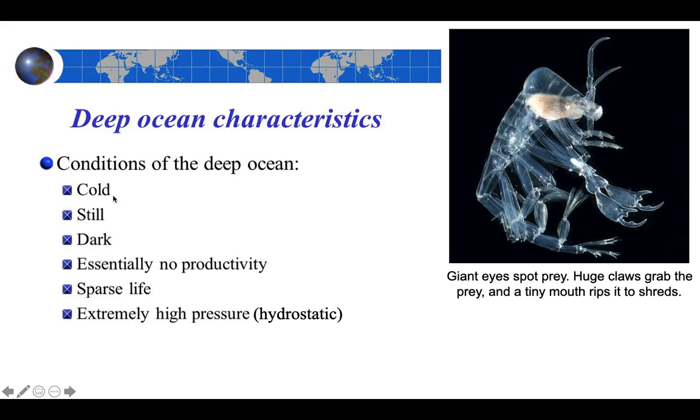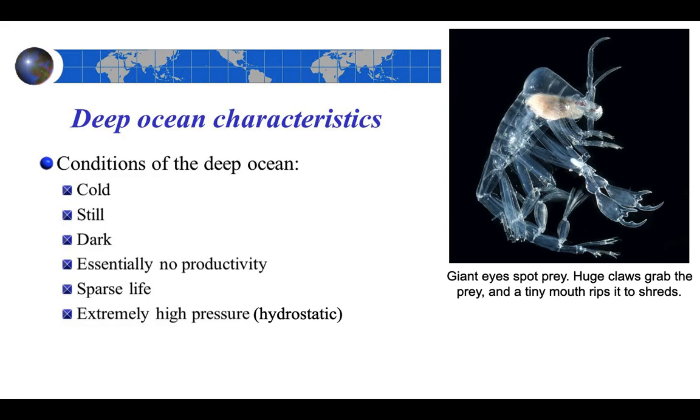And as you go deeper, below 3,000, 4,000 meters, life becomes very sparse, and you have very little productivity unless you have some upwelling zones, and the organisms become very strange. We'll talk about this in biological oceanography later on.